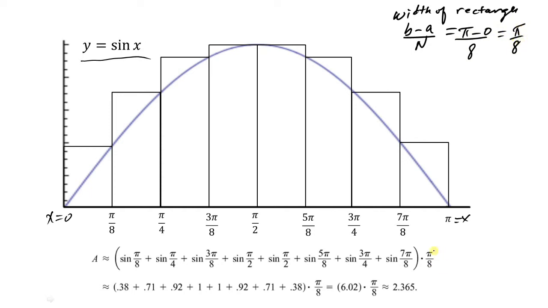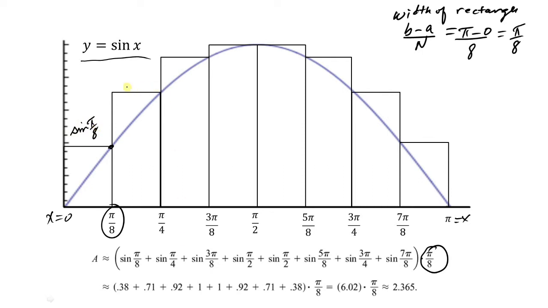So as you can see down here, we're going to be multiplying the height of all the rectangles by pi over 8 and summing them all up. So what we need to do is find the height of all the rectangles. So you can see I've drawn 8 rectangles. Obviously, the height of the first rectangle is going to be sine of pi over 8.